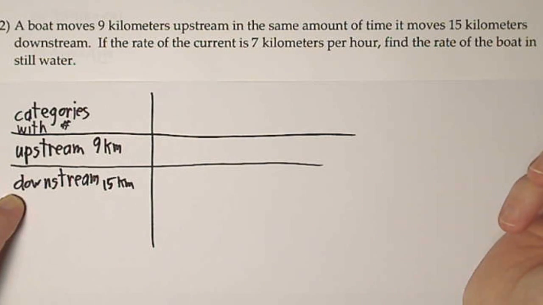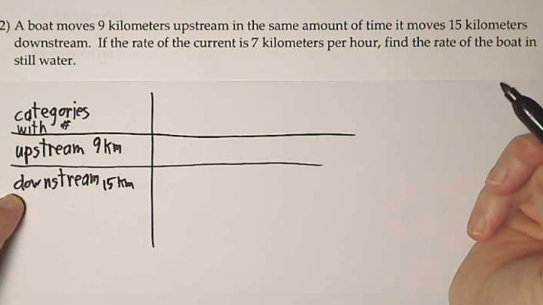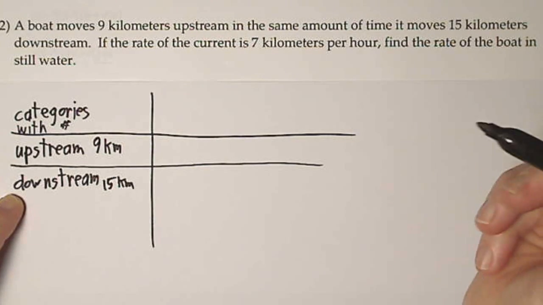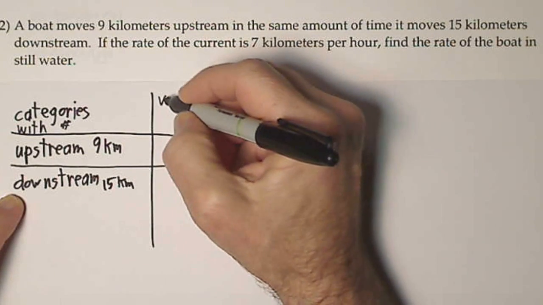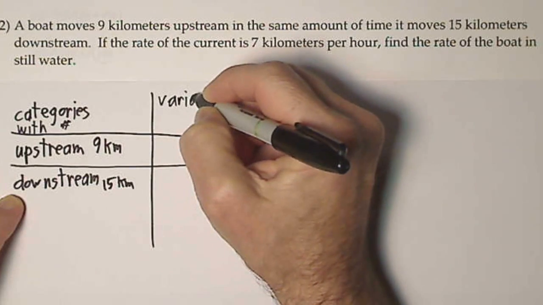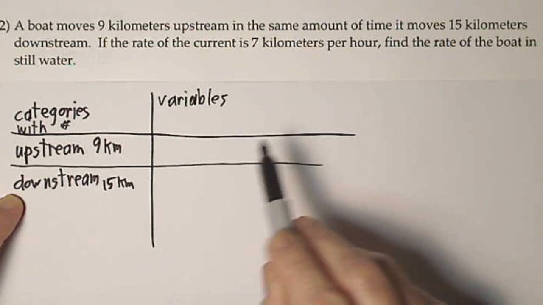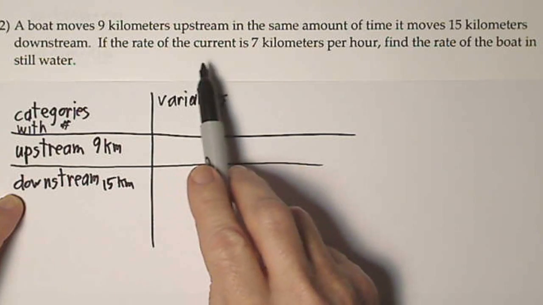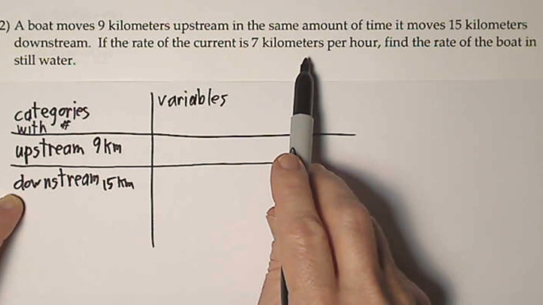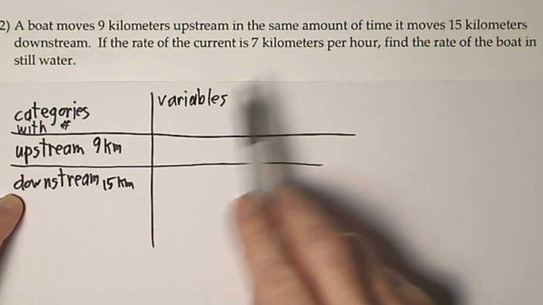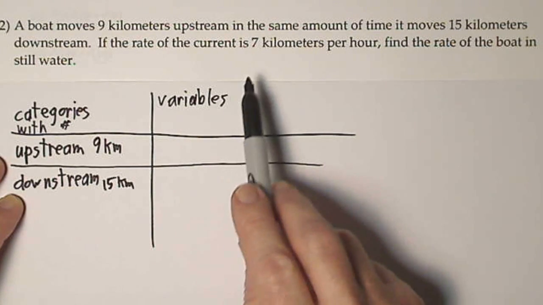And we do want our variables. And what do we say? The rate of the current is 7. Oh, in still water. Okay.